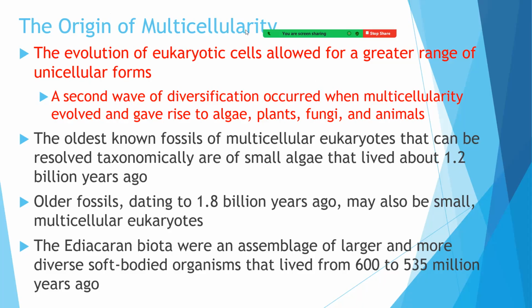So the evolution of these types of cells that had the mitochondria and the chloroplasts allowed for a greater range of unicellular forms. So again, what does the outside structure of this look like? And then we had a second wave of diversification that occurred when multicellularity evolved and gave rise to things like algae, plants, fungi, and animals, which is really interesting as well. So we'll talk about this.